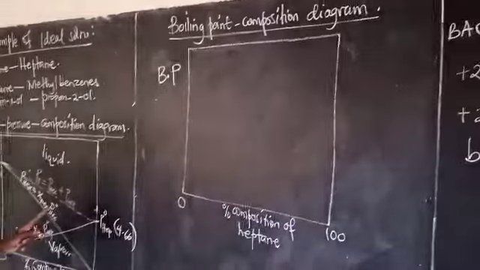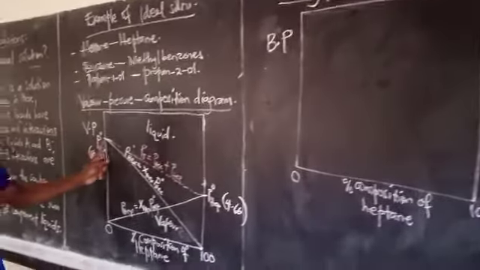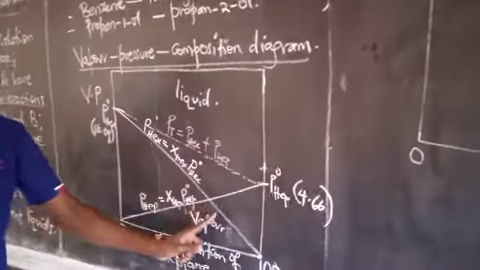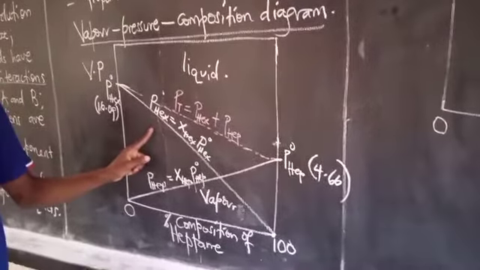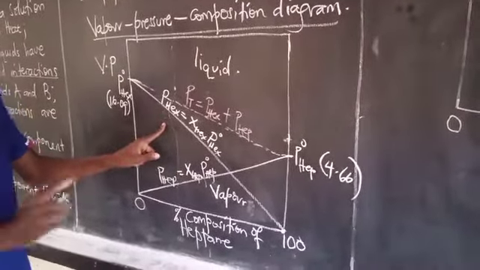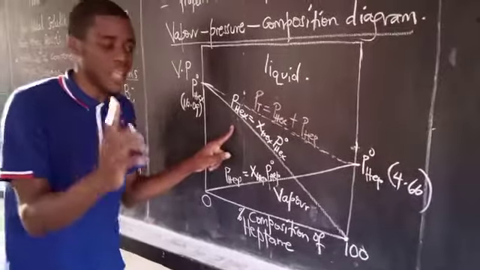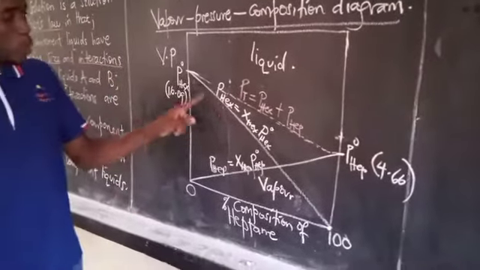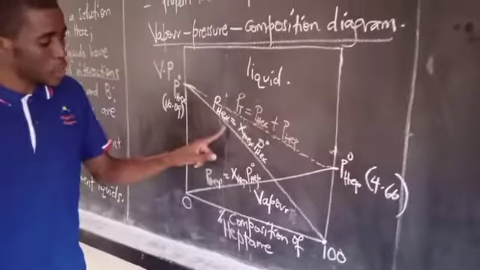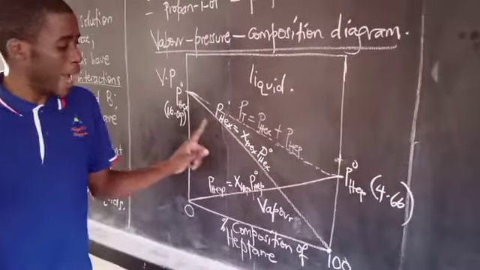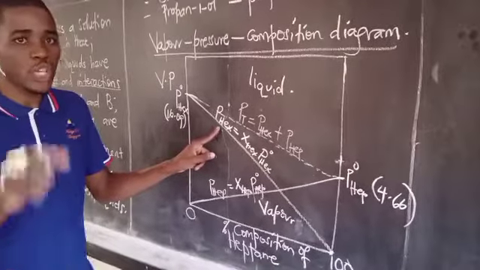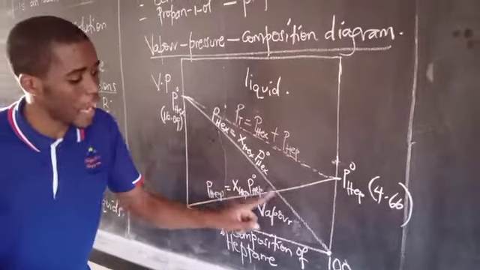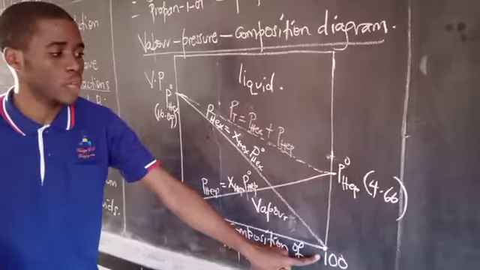Remember, here we have said that this is the line that is showing how the partial vapor pressure of hexane changes in the mixture. Only and only hexane. When you are reducing hexane, you are reducing its content in solution, and so its partial vapor pressure, its composition in the vapor, keeps on reducing until it is 0.